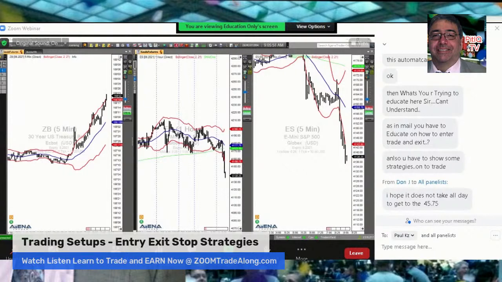We got down here to the 35 again. We got support down at 33. Bonds continue to rally, reacting to these S&Ps kind of falling out of bed here a little bit.